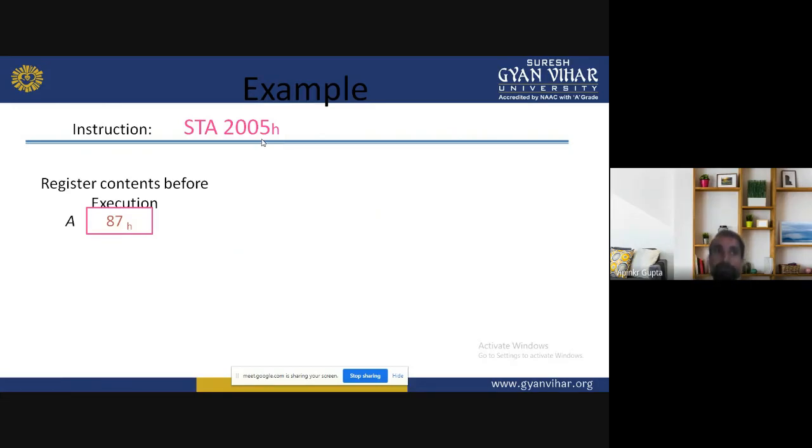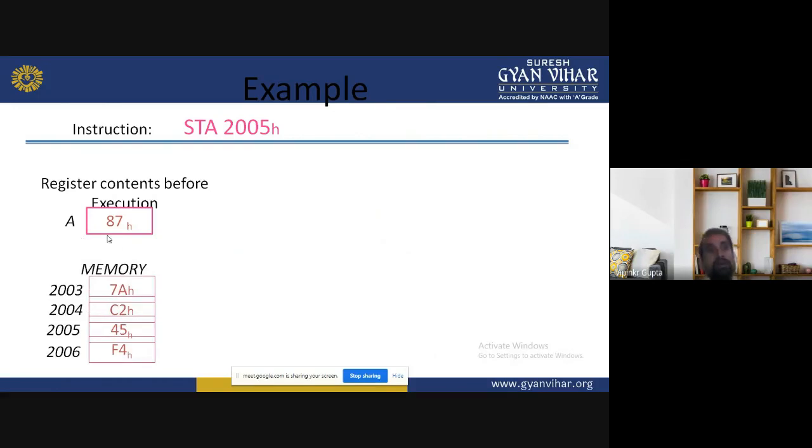That location is given. So what we are doing? Suppose the accumulator has 87H, and 20 is the memory available in the microprocessor. That memory already has some data, 45H.